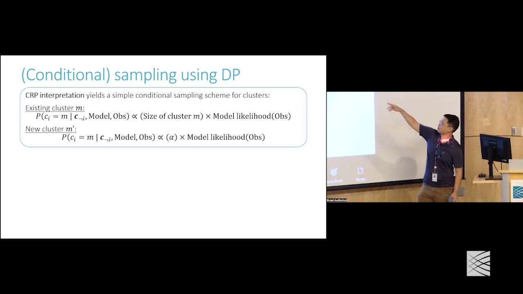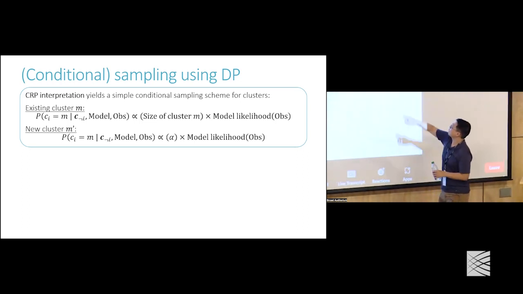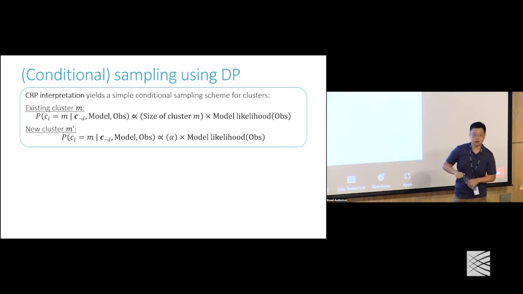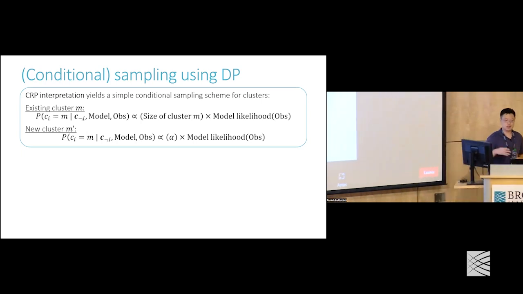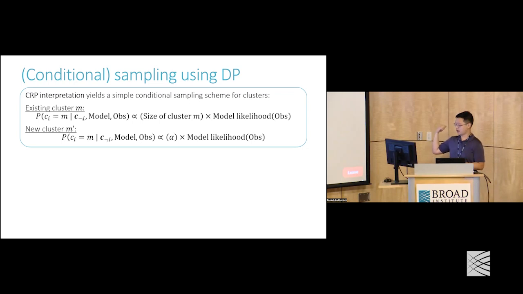But because we're doing it in a Bayesian setting, we reweight the sizes of the tables with the model likelihood of the observations. And in the GLV setting, the model likelihood would include things like the interaction coefficients and the self-limiting term, and so on and so forth.